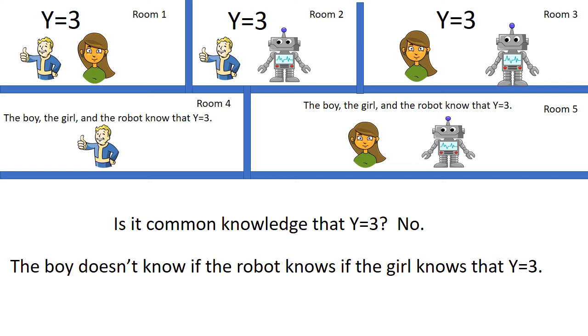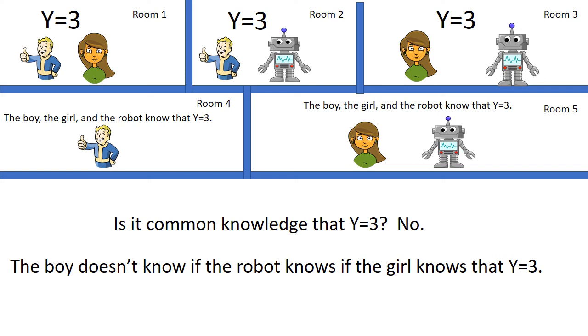So I don't know what the robot knows beyond room 2. And room 2 is not enough to tell the robot that the girl knows that y equals 3. So the boy doesn't know if the robot knows that the girl knows that y equals 3.